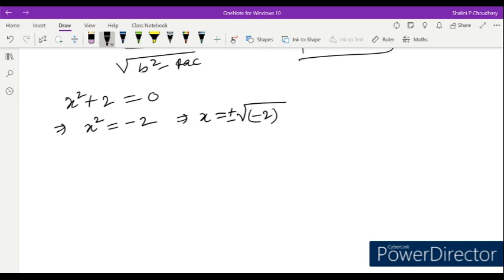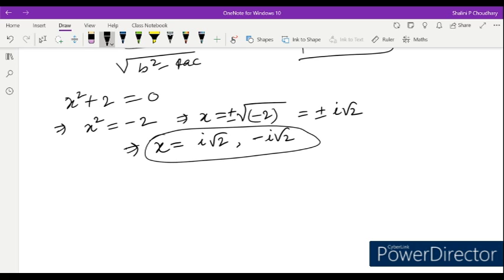Okay, तो minus 1 into 2, तो minus 1 का I होता है, तो plus minus I root 2. So the 2 roots of x are, एक तो होगा plus I root 2, and second one is minus I root 2. So these are the 2 roots of x.